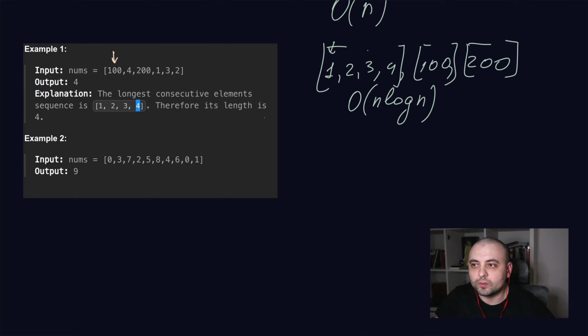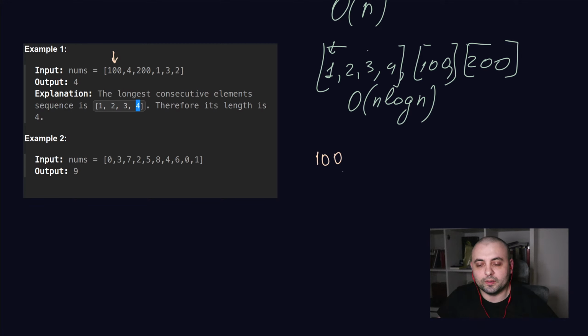The solution hints us that we'll need to use just a linear approach, going item by item. So let's pick first 100. Does 100 start a sequence, or is it in the middle of a sequence, or is it the end of the sequence? How can we know?